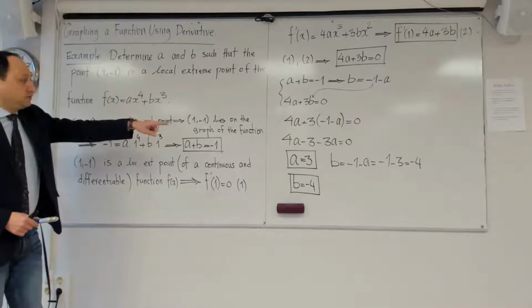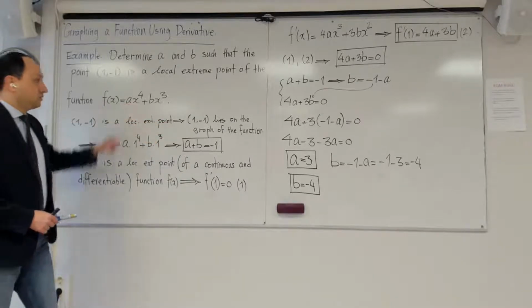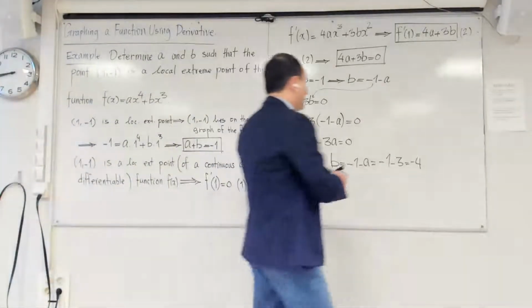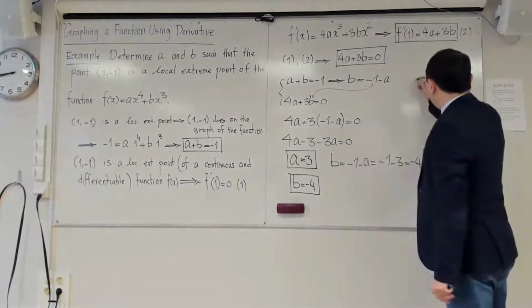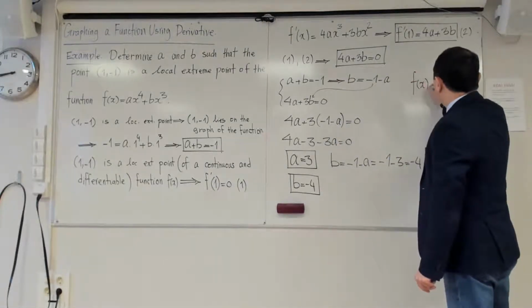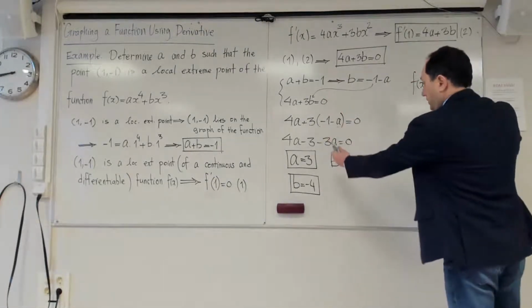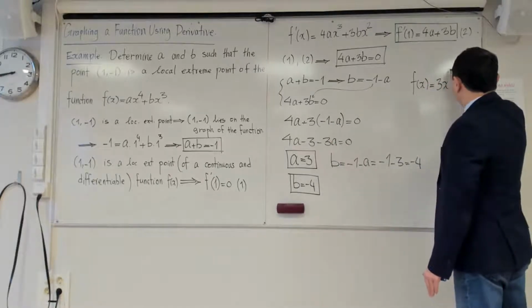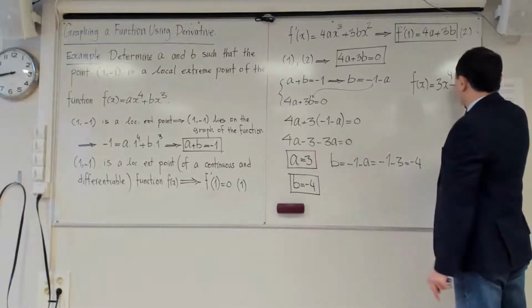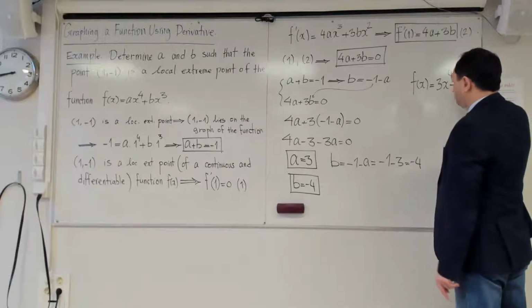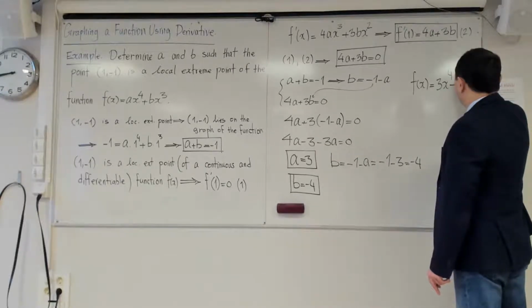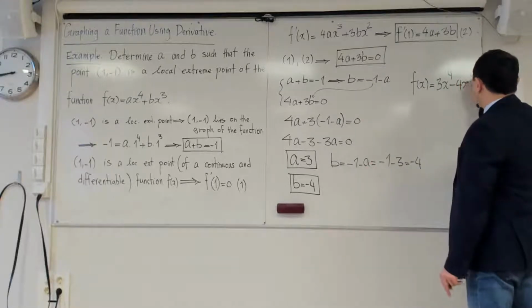So now you put 3 and minus 4 back into your function. So here, the function that you are facing is 3x to the 4, and then minus 4x to the 3.